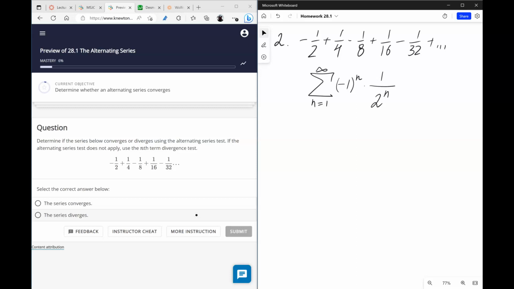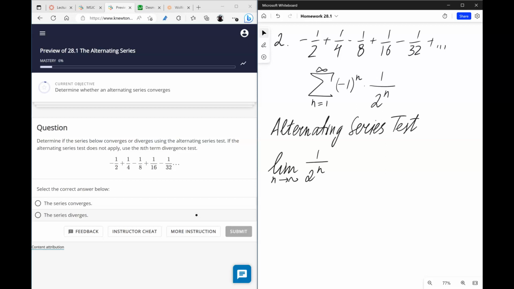And now this is an alternating series, and to run the alternating series test, we're going to set up the limit of the nth term without the alternating sign.